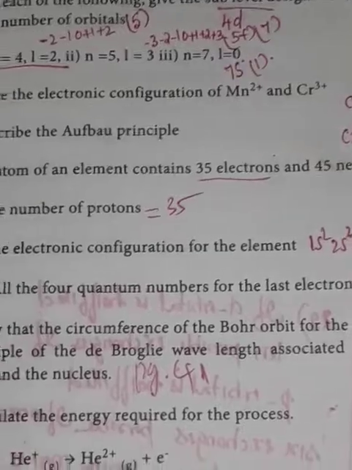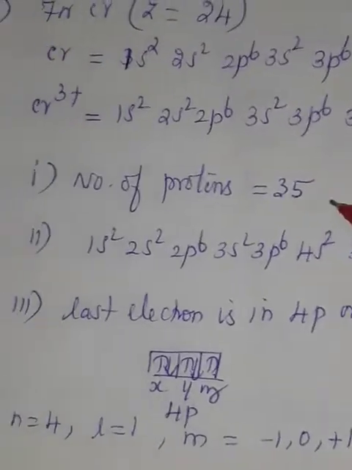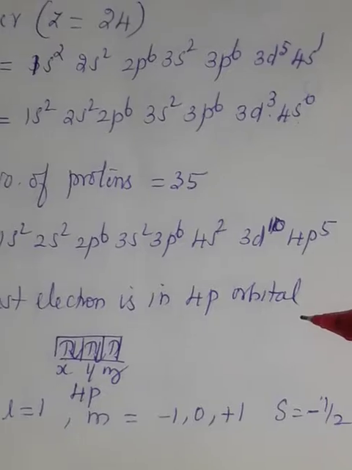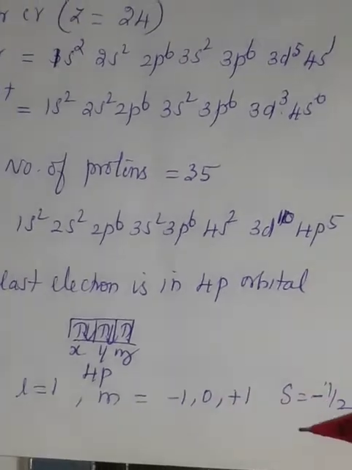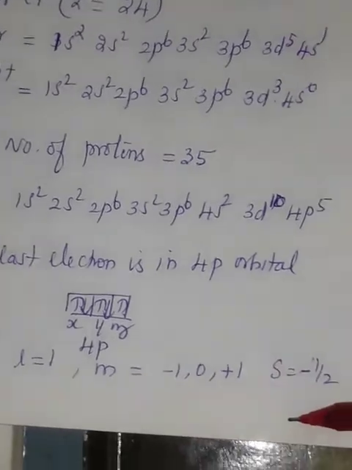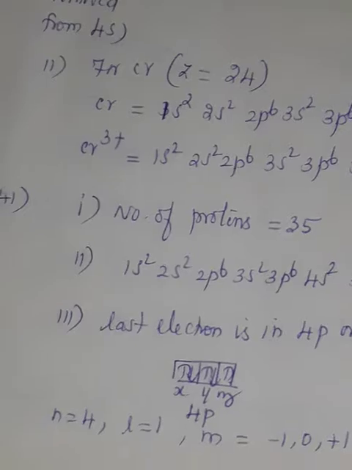Number of protons is 35. The last electron is in the 4p orbital. Like this you have to write the values.